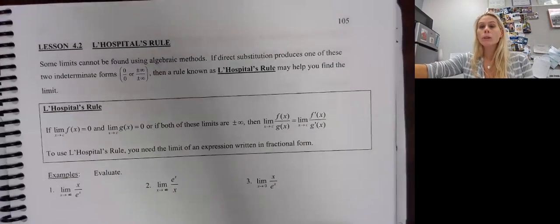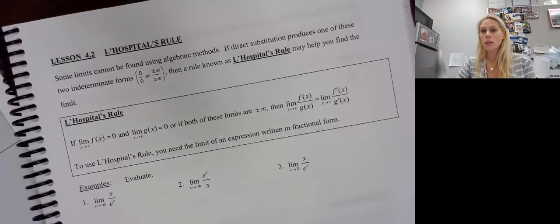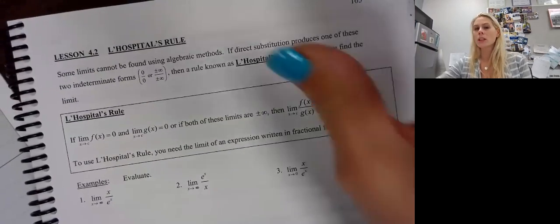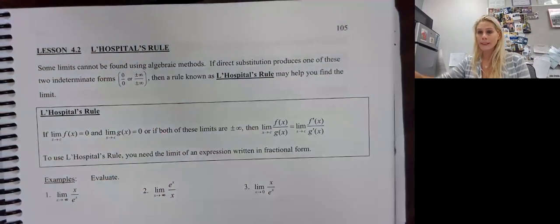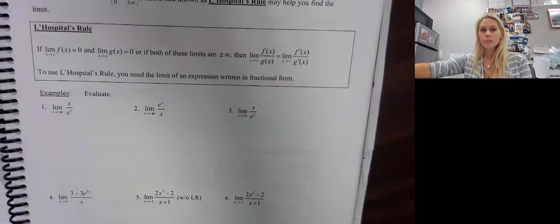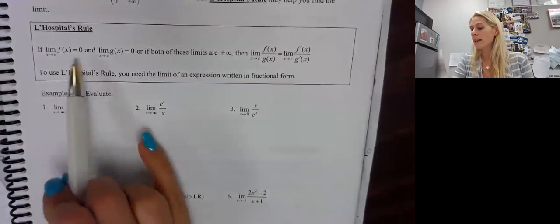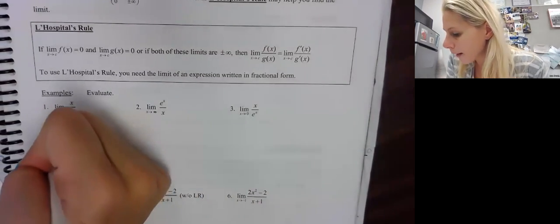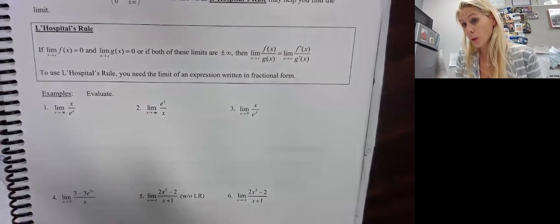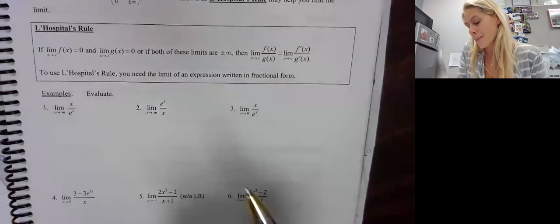But most important thing, we can't just substitute in and say 0 over 0. They actually will not give you points for that whatsoever. What you need to do is put it in this form. So when we write down that we're going to use L'Hopital's rule, we have to explain why.